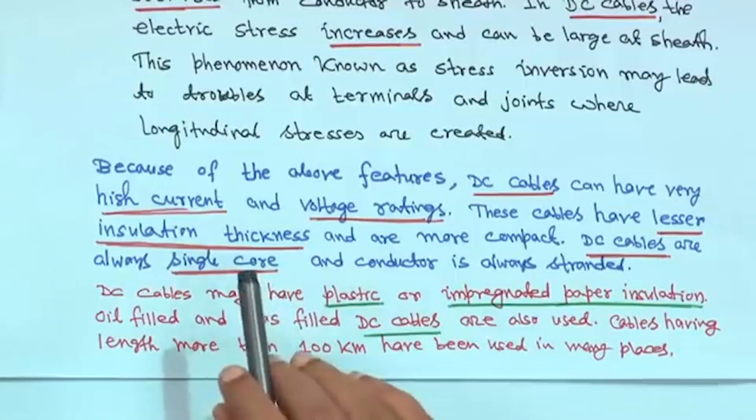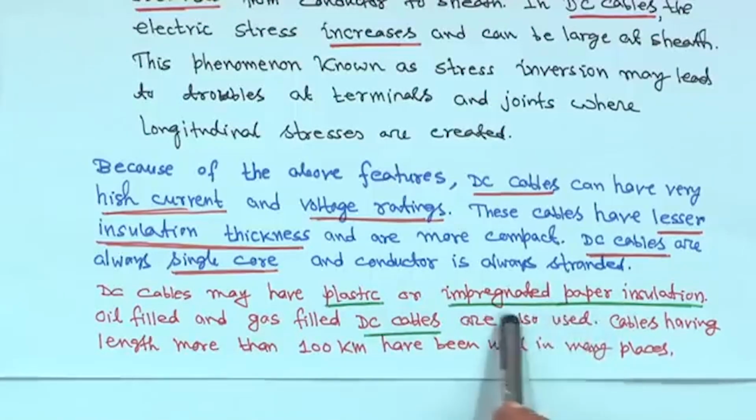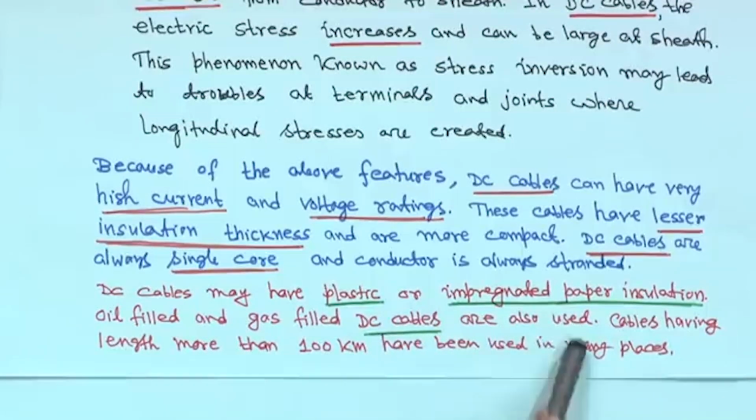Because of this, these cables have lesser insulation thickness and are more compact. DC cables are always single core and the conductor is always stranded, and it is suitable for high voltage. The cable may be plastic or impregnated paper insulation. Oil filled, gas filled DC cables are also used, right.